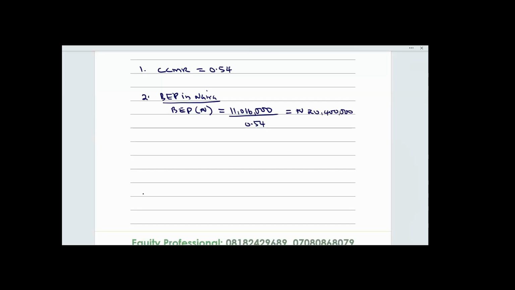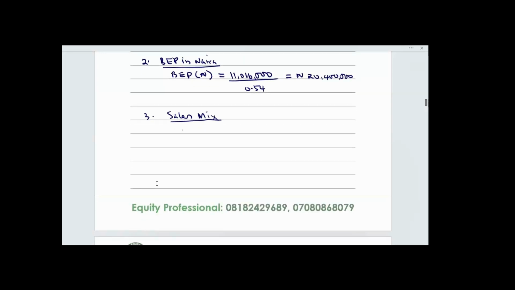Okay, then step 3 says you should calculate sales mix. So examiner has already given you the sales mix. Sales mix of product A is 20%, 0.20. Sales mix of product B is 80%, 0.80.